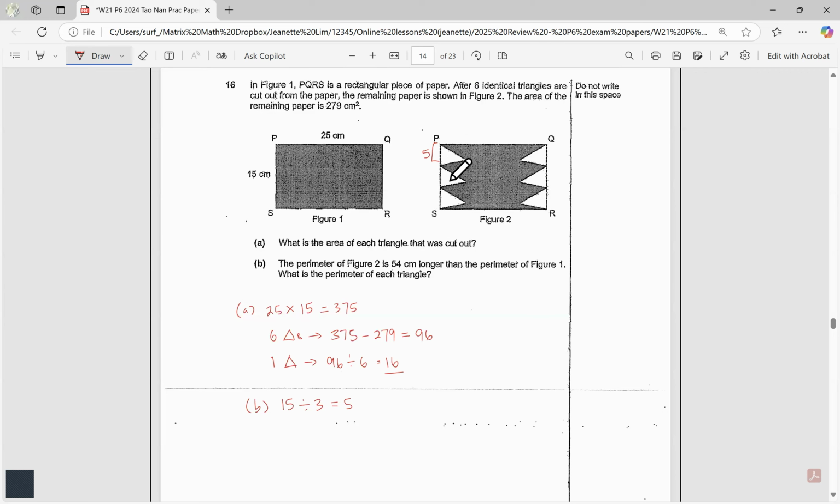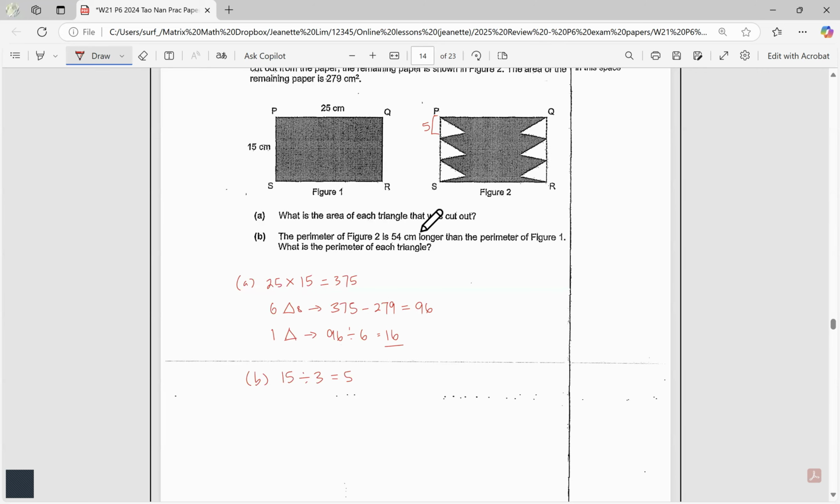But if I were to split them into 6 triangles, let's just focus on one triangle. These two longer sides will be how much more than this shortest side? So 54 is the difference for the 6 triangles. To find the difference for just one triangle, I will take 54 divided by 6.